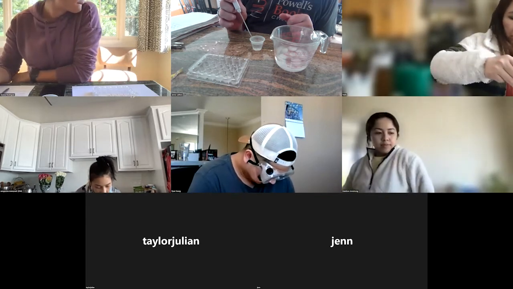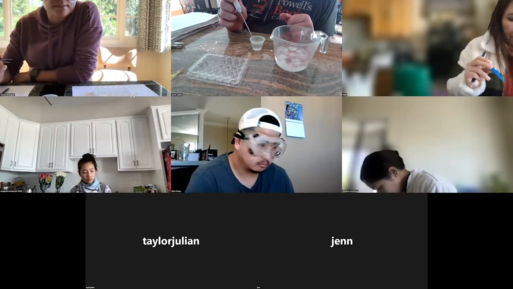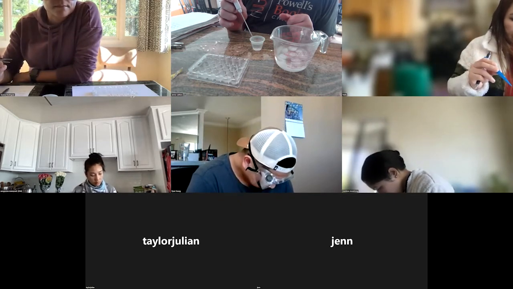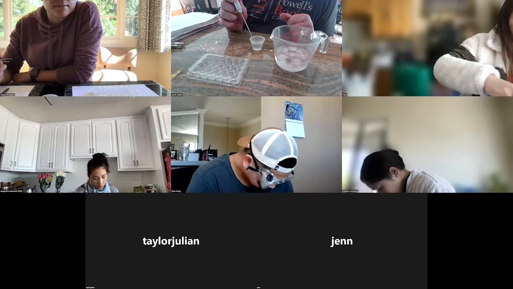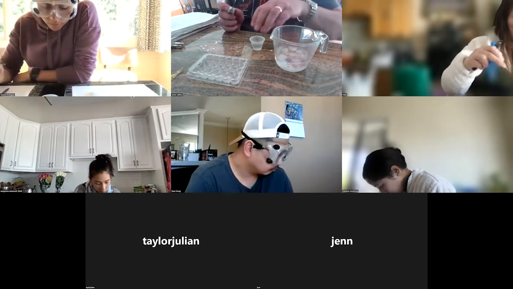Interesting. Actually, the temperature of the peroxide is higher than the room temperature. It's around 20. So I want to reduce this down to 10.